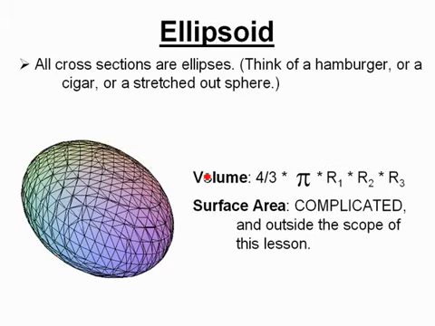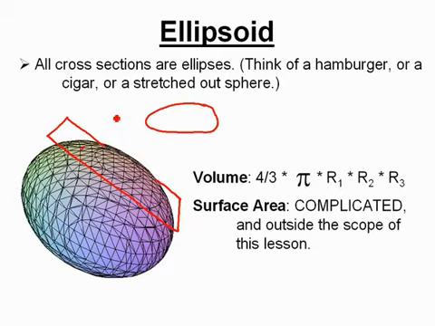Ellipsoid. An ellipsoid is defined such that all cross-sections are ellipses, also known as ovals. Say this shape. All the cross-sections, which basically means if I took a blade and cut my ellipsoid like that, the piece I'd get would be an ellipse in shape.